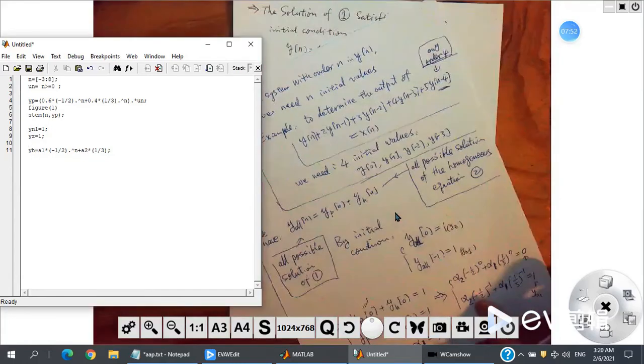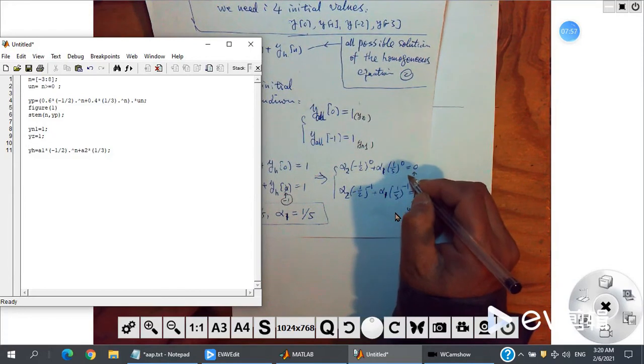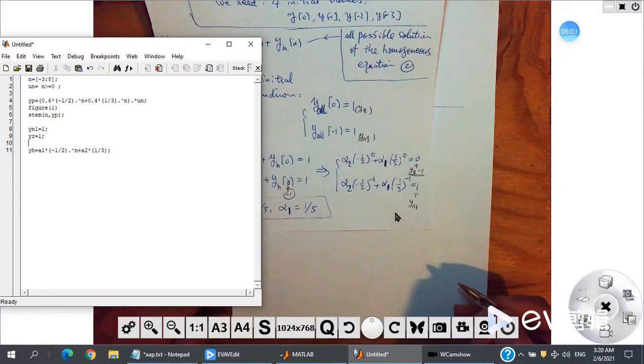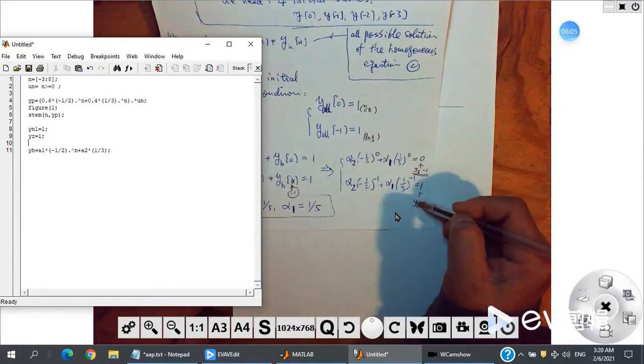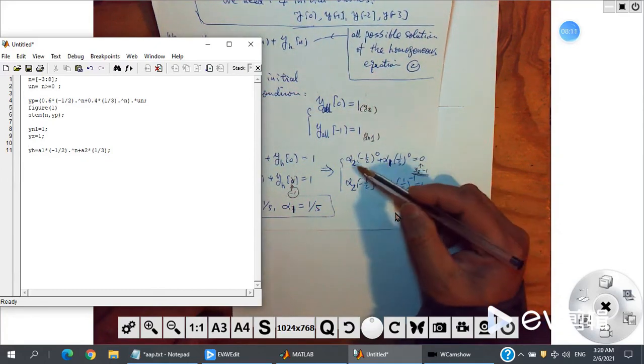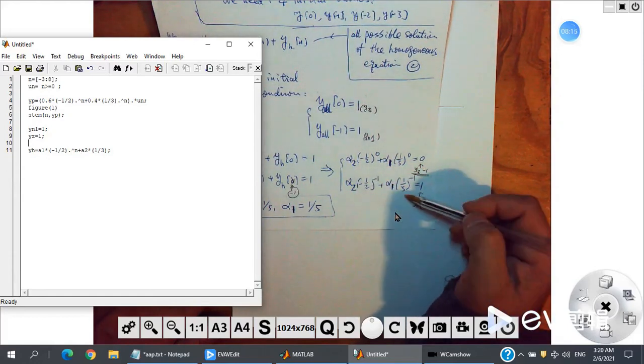So this value is the initial value of y of 0 minus 1. So when we pick different initial values, we can just put them here, then we can solve this equation to determine these two alphas, or a1 and a2, according to alpha 1.